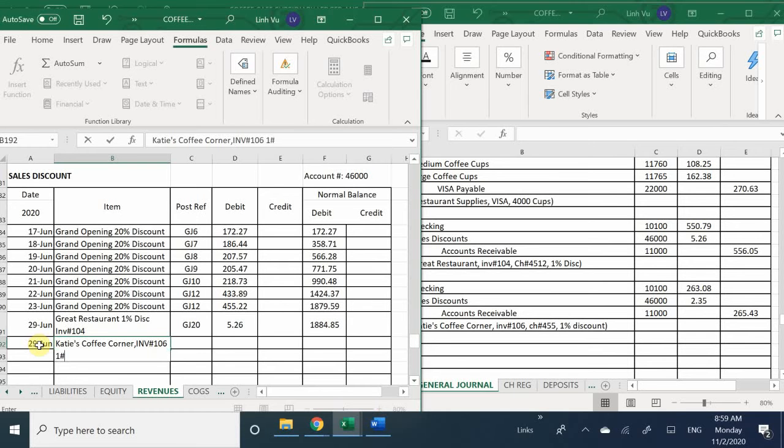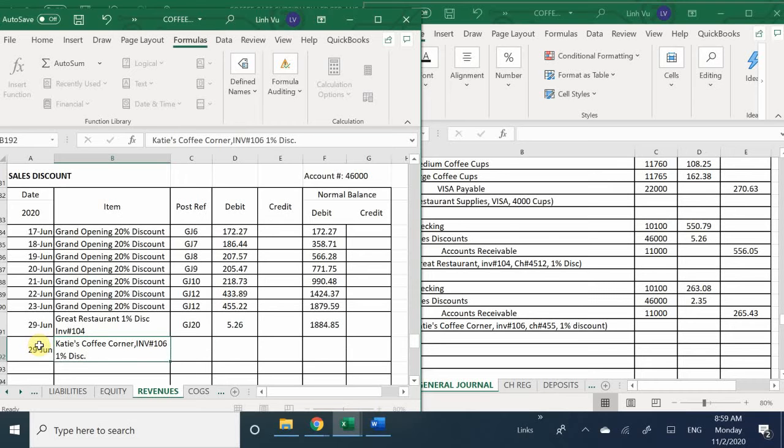Yes, 1% discount. I am struggling today. Okay, that's fine.